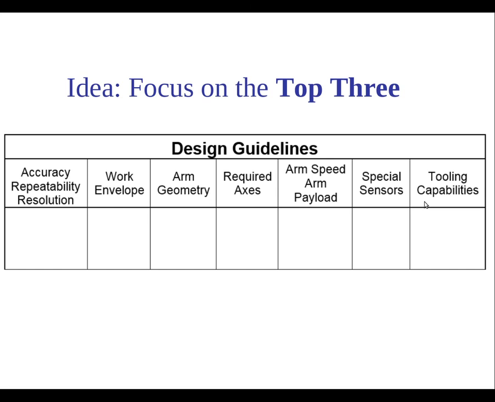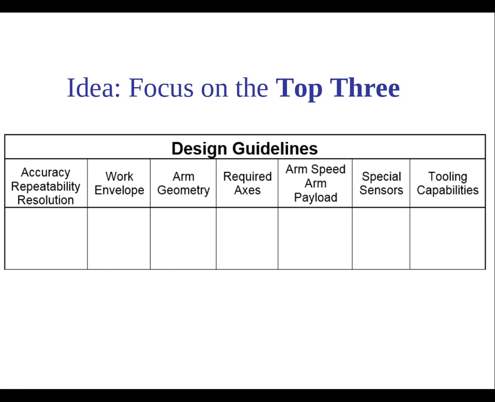And the idea is that when we're picking a robot, we want to try to pick 3 of the top. So when you look at a given task, you can say, well, I need all 6 of these. Well, you can have that, but it's going to drive up your price.